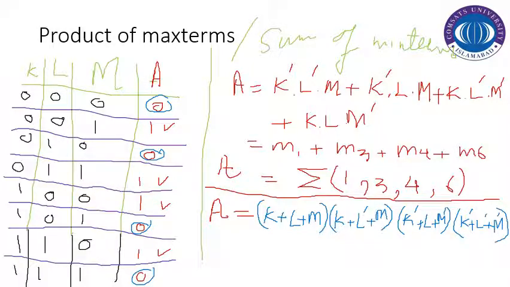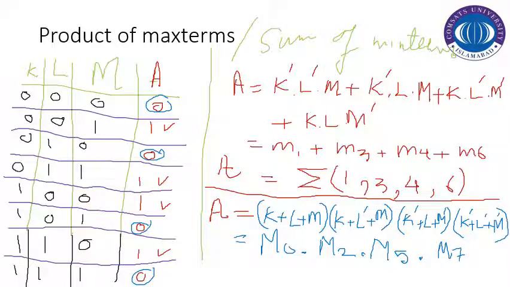Or we can also represent this Boolean function as capital M0 multiplied by capital M2 multiplied by capital M5, or AND operation, and then capital M7.